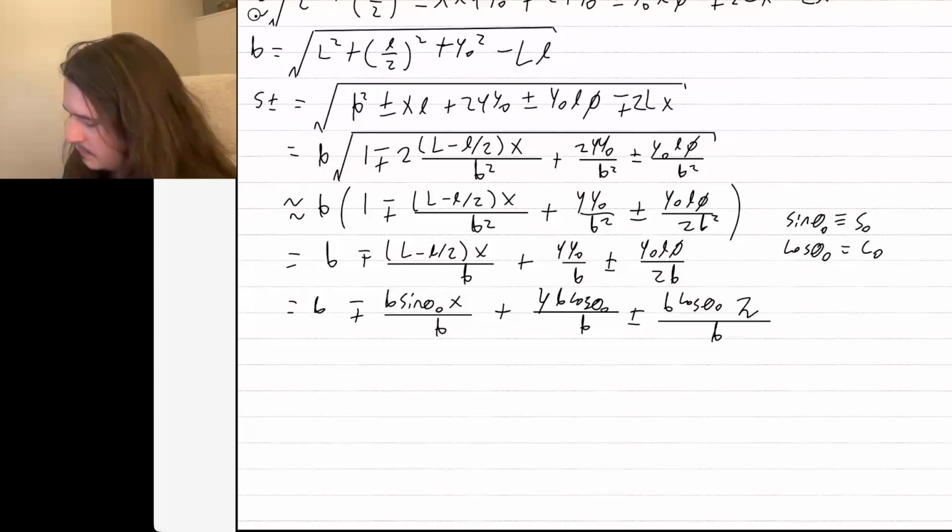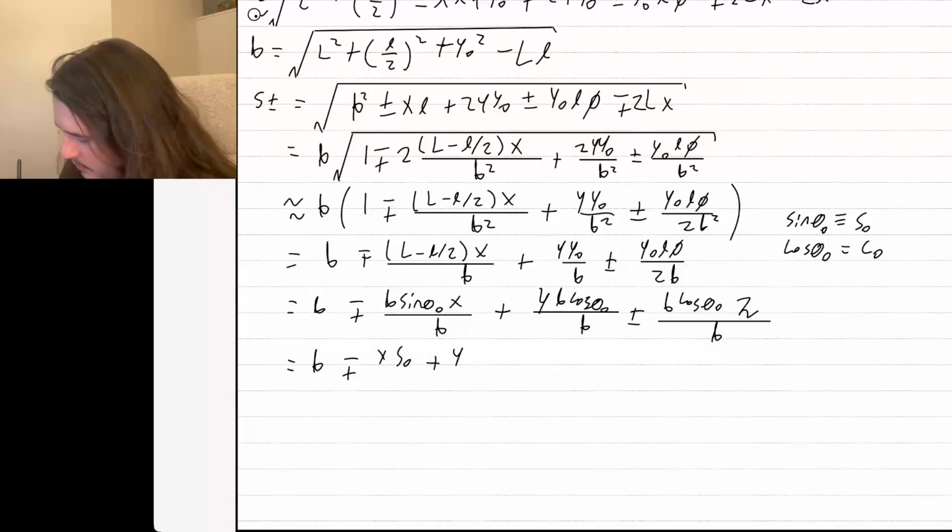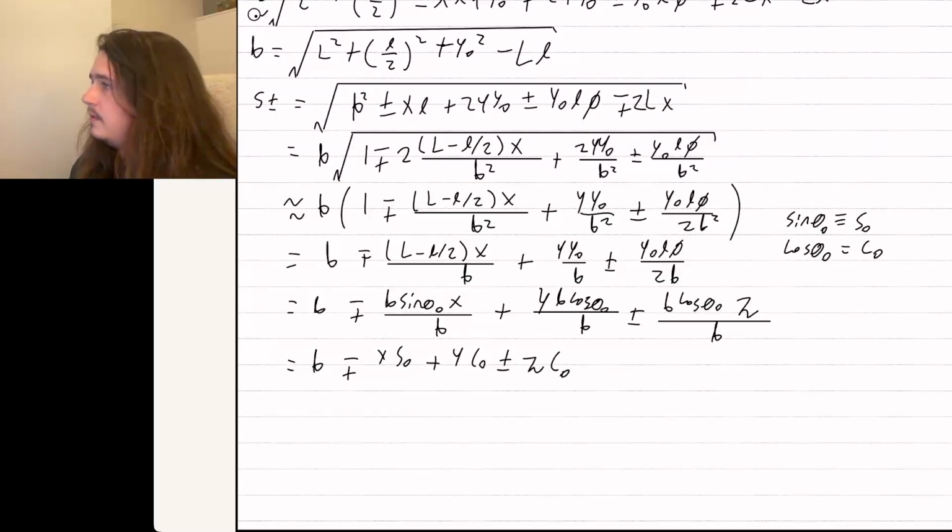And yeah, if we do that, that's going to be B minus or plus X S naught plus Y C naught plus or minus Z C naught, right? That looks very simple after everything, but you know, it took a lot of approximations to get there.